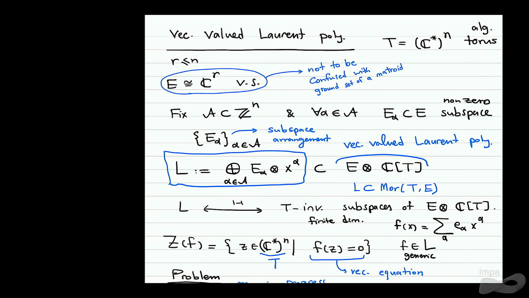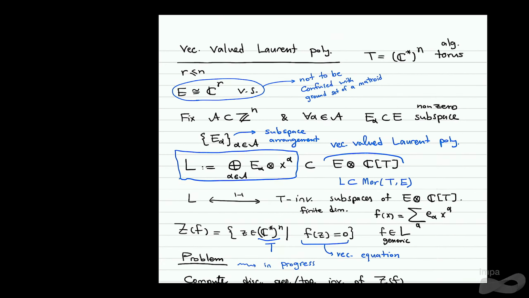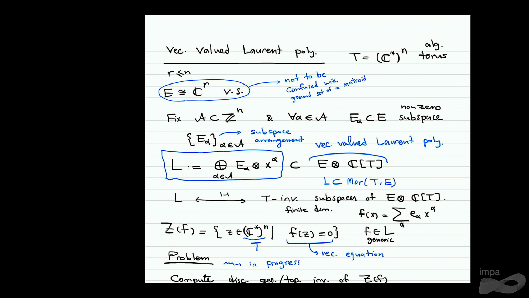Sorry, I hope I'm not confusing the experts in matroid theory here. So for me, E is an r-dimensional vector space. r is completely independent from the dimension of the torus, which is n, but the dimension of E is less than or equal to n.